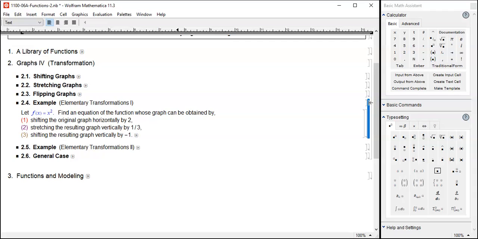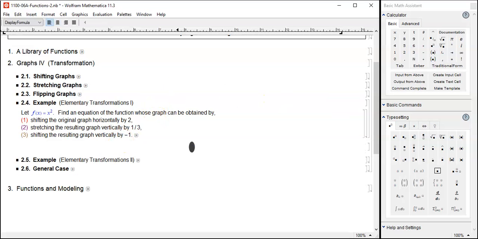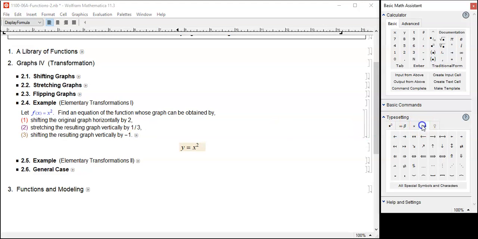Okay, here we go. Let f of x equals x squared. Okay, we have the appropriate graph. And then find an equation whose graphs can be obtained by these transformations. I'll show you the graph later, let's just do the graph transformation without looking at the graph.